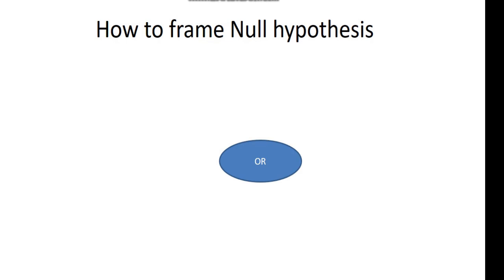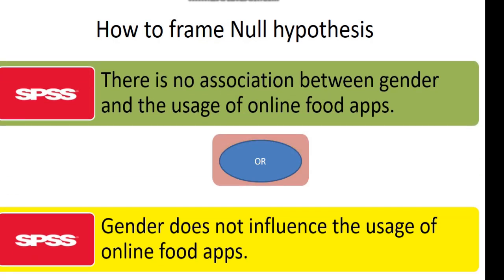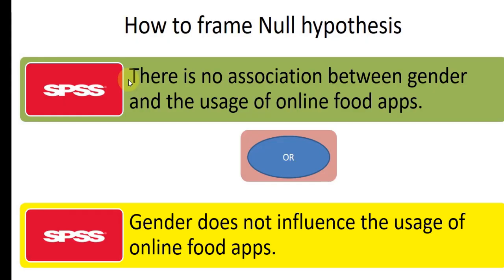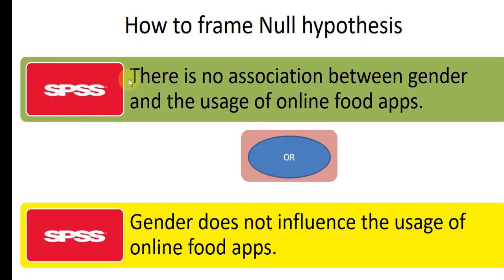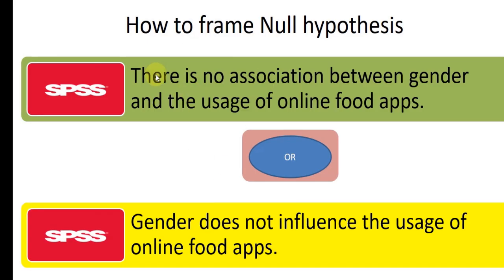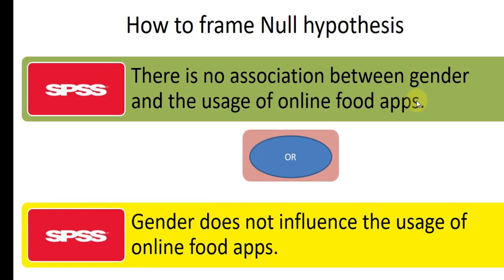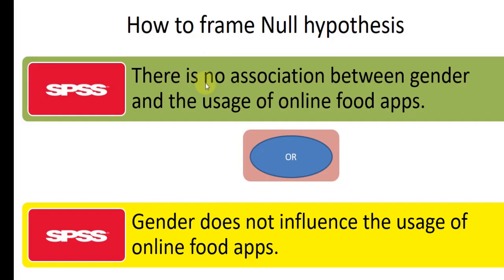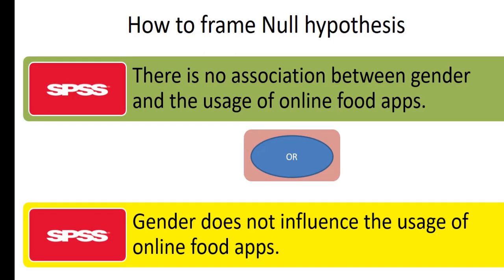Let us see how to frame the null hypothesis. When we are using the chi-square test, we should use the word association. So we can frame the null hypothesis by adopting any one method. This is the old format. Here we are specifying two variables with no association.